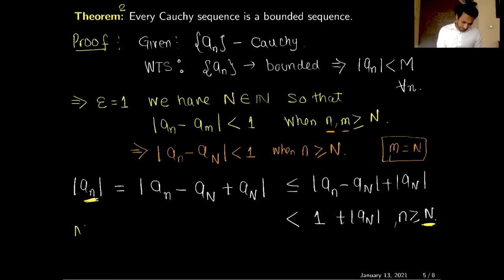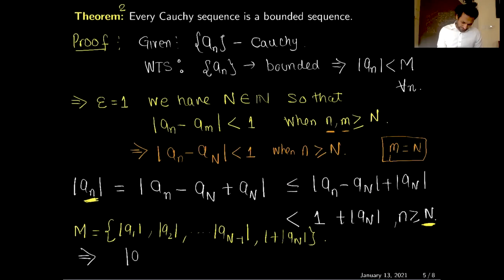So now I'm going to choose M. If I choose M as the maximum of a_1, a_2, up to a_(N-1), and 1 plus a_N, then this will show that a_n is always less than or equal to the capital M, because M is the maximum of all the terms from 1 to capital N minus 1, and when n is bigger than or equal to capital N, all the terms are less than this, so this is the maximum.